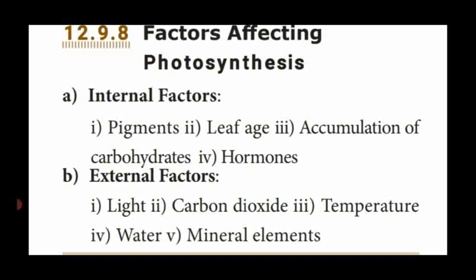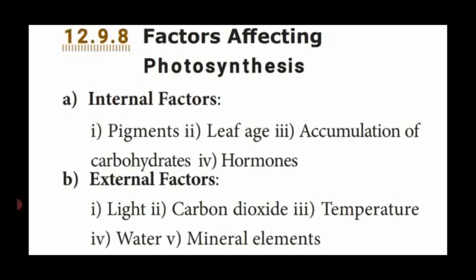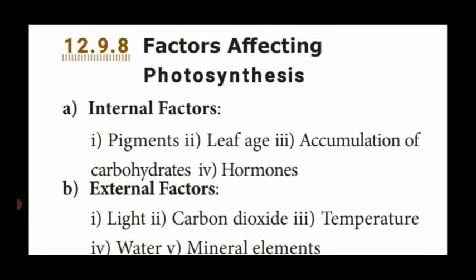Why is leaf age given? Once the leaves are matured, they lack the chlorophyll pigment. The green colored leaf is modified into yellow color due to the lack of chlorophyll pigment. So that is why it is named a matured or aged leaf. The absence of chlorophyll means no photosynthetic process.